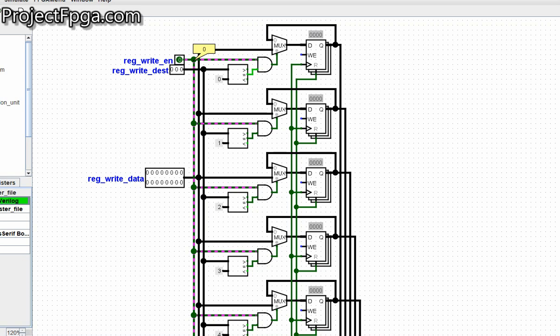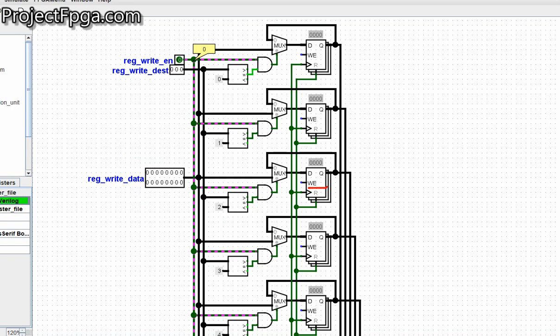If it's 2, this register destination selector must select it here to be 2, and the highlighted register enable must be on. Then we can select this particular multiplexer which turns on this register. If these conditions are met, then this register data will be written to that particular register we are talking about.